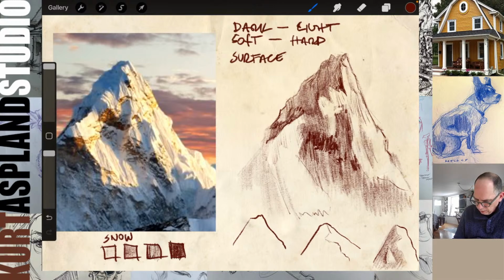Then you're going to have the rocks. You have rocks that are in the light, and then rocks that are in shadow. And I like what John said. I call them surface lines, but you can also think of what is the direction of the snow going? So directional surface.